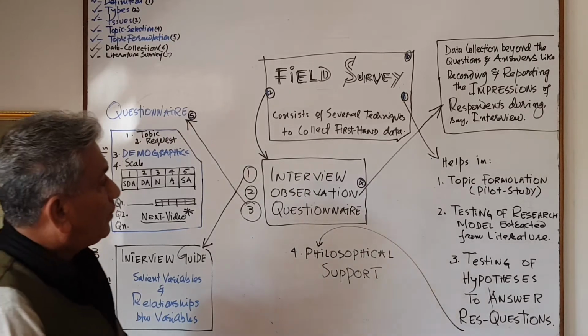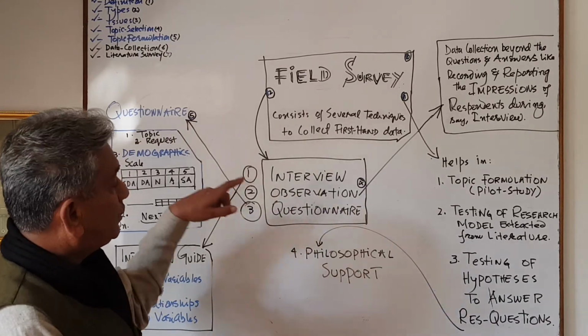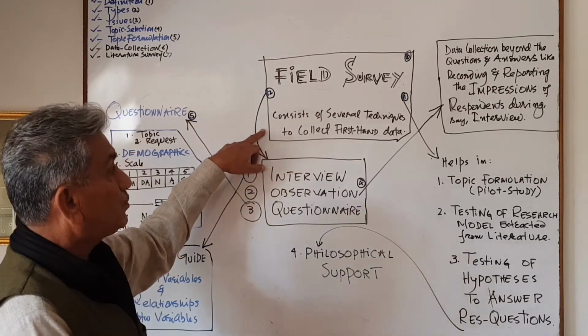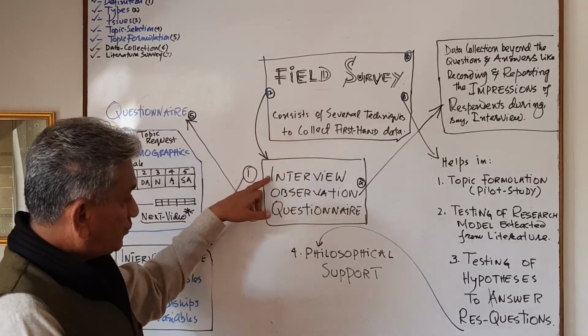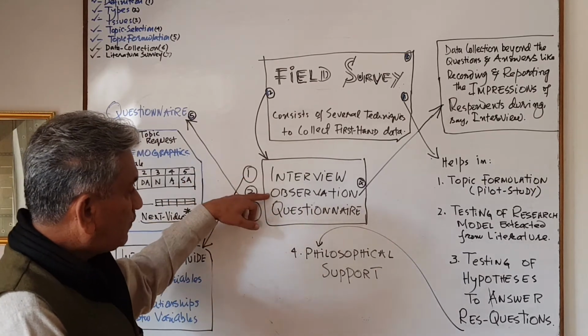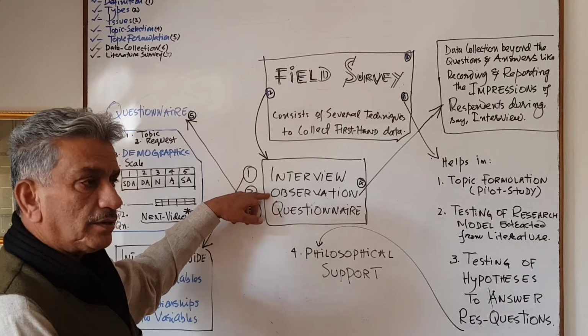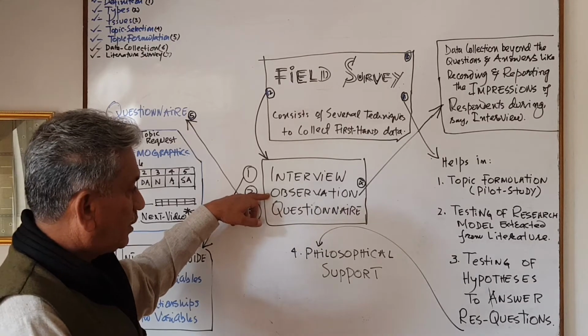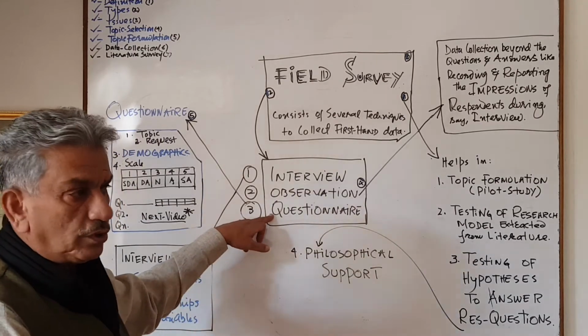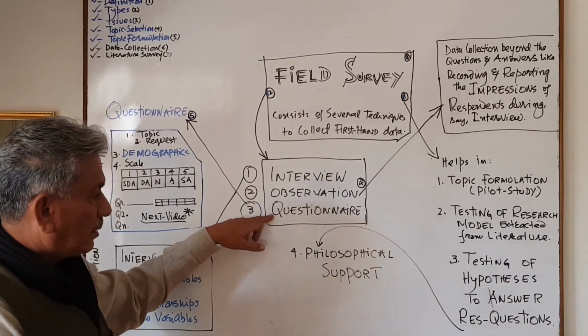Now, let's start with the techniques or processes which are used in the field survey: interview, observation and questionnaire. Interview and observation are mostly used for qualitative data collection, while questionnaire is the commonly and widely used tool for numerical data collection.